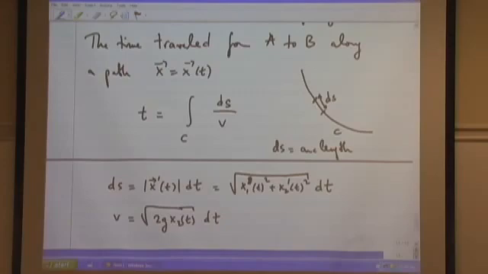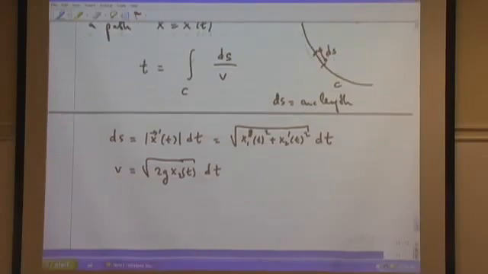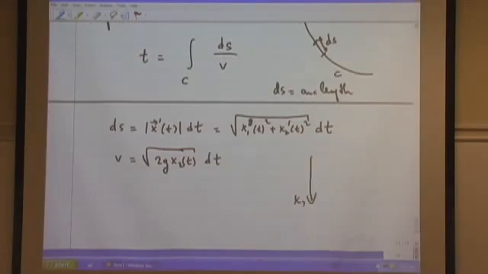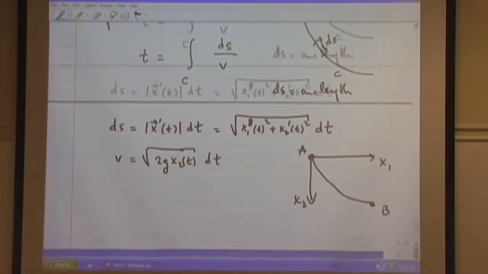X2 goes, say, vertical. Well, think about x2 going horizontal, upside down from the height. So that's the system in which you describe that motion. So it starts at A and it goes down, so you don't have the minus there. So this is the point A, and there's a point B here.